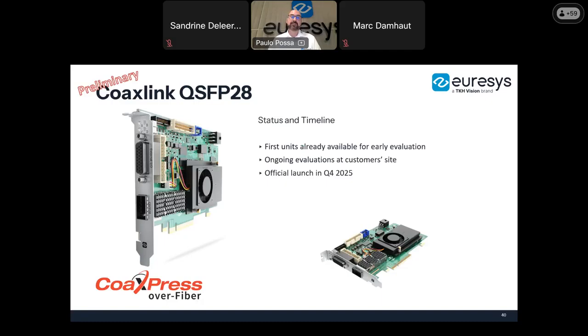The first units of the Coaxlink QSFP28 are already available for early evaluations. There are already a number of ongoing evaluations by customers, and its official launch is planned for Q4 2025.